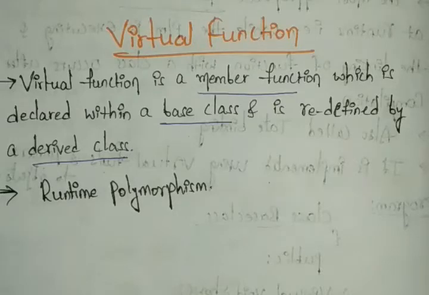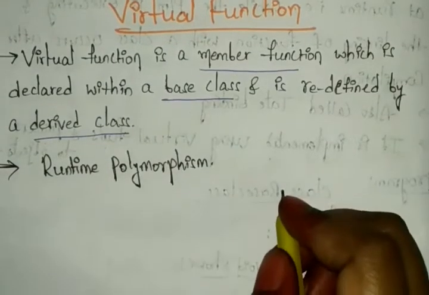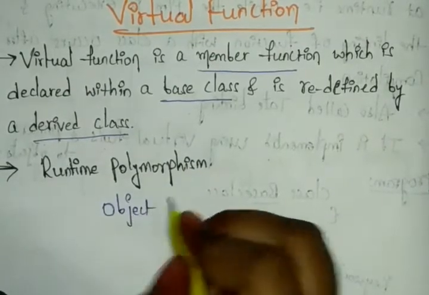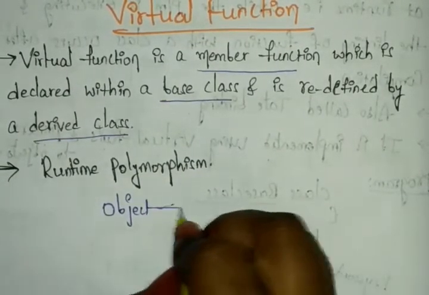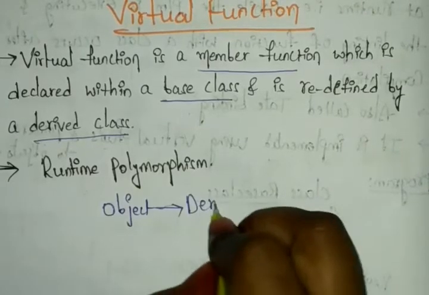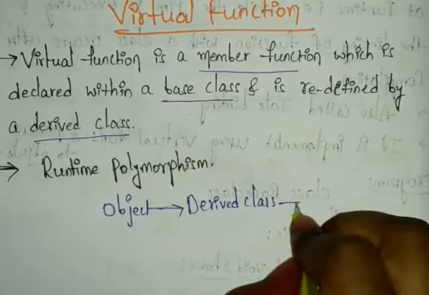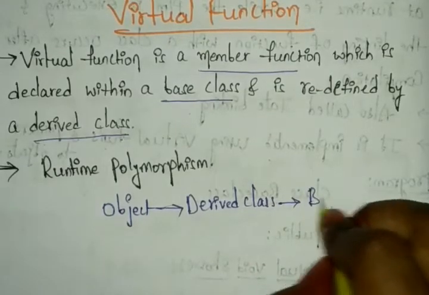Just you can see, first it will have the objects, and by that you can use the reference and the pointer. See here we have one thing. First you have the object, next the derived class, and next the base class.